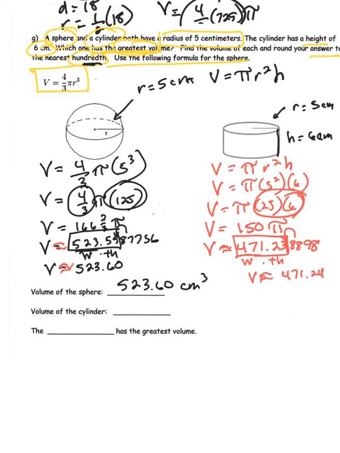So to answer the question, the volume of the cylinder is 471 and 24 hundredths, and the unit of measure is centimeters cubed. And then finally, the last question is which one of these figures has the greatest volume, and the sphere has the greatest volume. During the next session, we will look at problems from past New York exams on volume of cylinders, spheres, and cones.